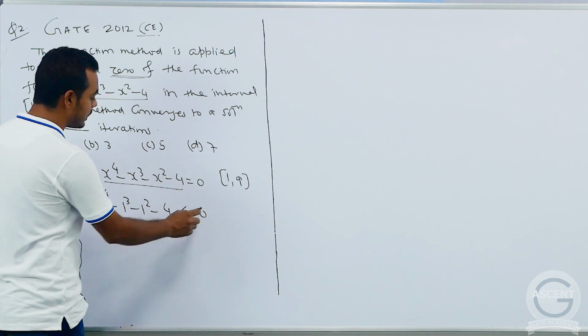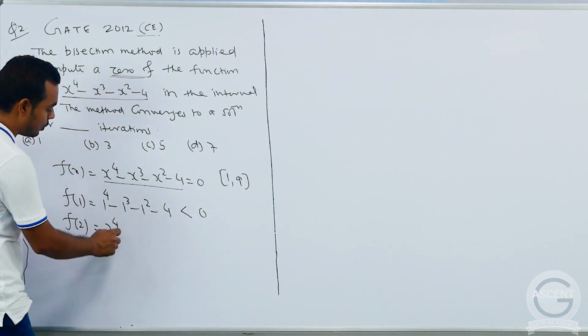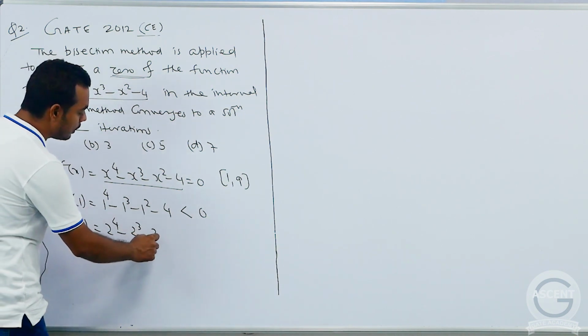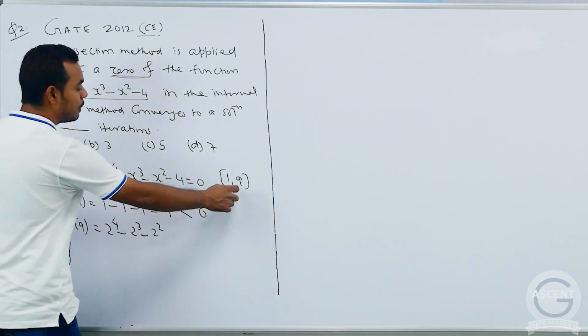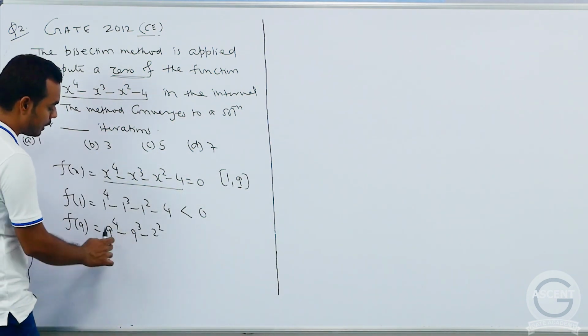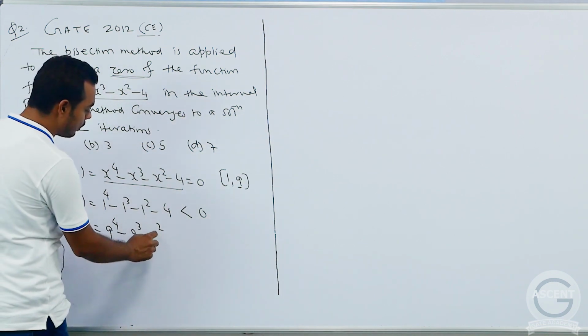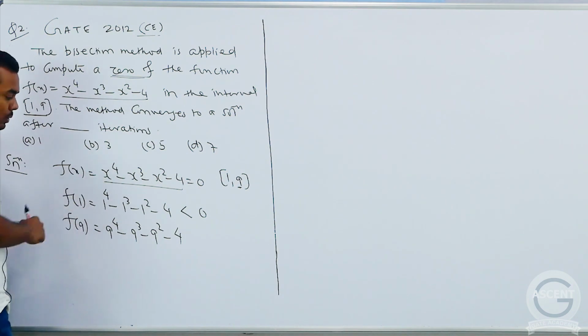Now this obviously is negative. Then we have to compute f of, not f of 2, but f of 9. The second point b is 9, so we have to calculate f of 9. This will be 9 to the power 4 minus 9 cube minus 9 square minus 4. In place of x we simply substitute 9.